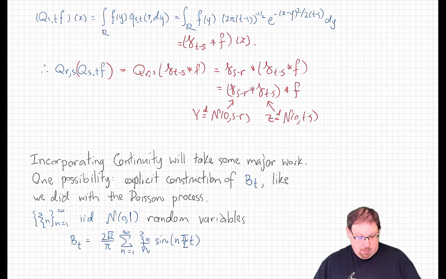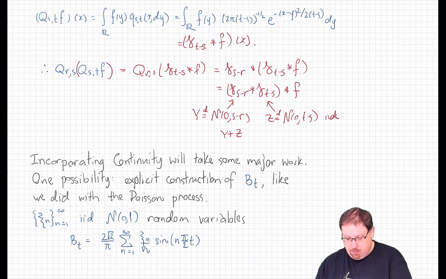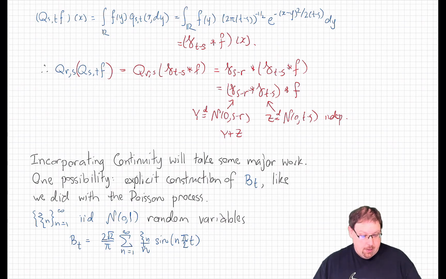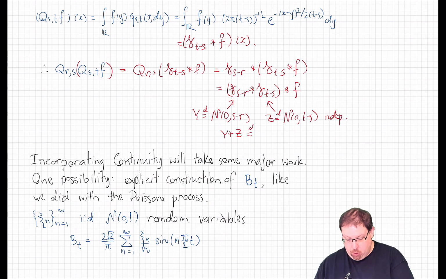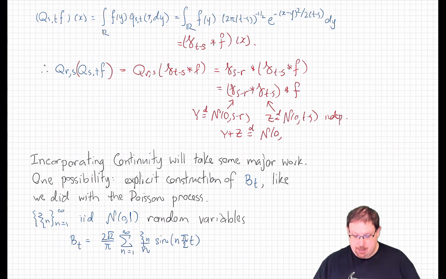And so that convolution there is exactly the density of y plus z if these two are independent from each other. Well, we know that if I have two independent normal random variables and add them up, then we get a normal random variable, still centered of course, and its variance is the sum of the variances of the two. So that's s minus r plus t minus s, which is t minus r.